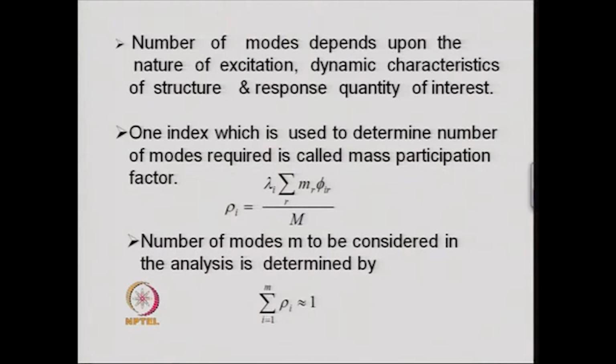Generally, it is found that if we take, say, the first 5 or first 10 modes in a structure, we are able to take into consideration about 95% of the mass of the system.